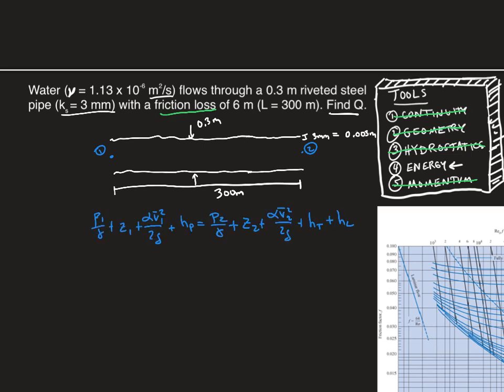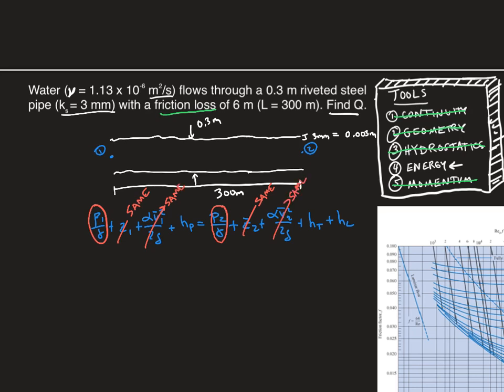So there's the energy equation. The pressure at 1 is unknown, and the pressure at 2 is unknown, but they're both in a pipe. Z1 and Z2 are the same, so those go away. Velocity 1 and velocity 2 are the same by continuity, so this is going to go away.